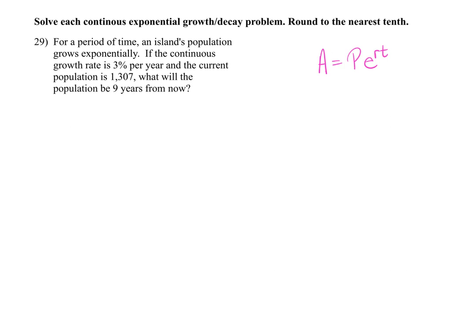If the continuous growth rate is 3% per year, and the current population is 1307, what will the population be 9 years from now? So we want the population 9 years from now. Our initial population that we're using is 1307. We're going to always use e here because this is continuous. It says continuous growth. Our rate is 3%. We want to make that 0.03. And our time is 9 years.